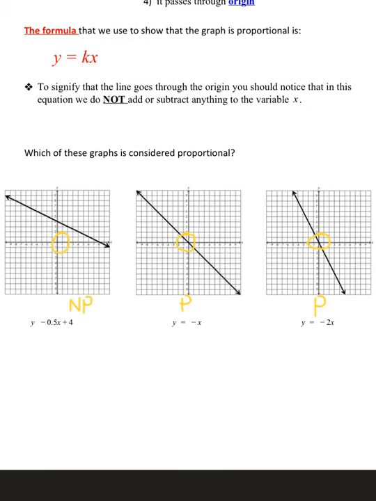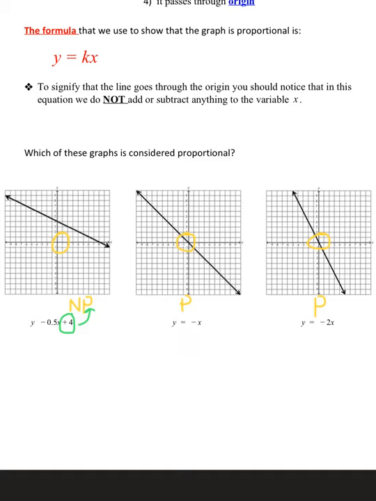On the equations, if I look at the first graph, it says y equals negative 0.5x plus 4. It does have the extra adding of 4, so that's why it was non-proportional. We go to the next equation, and that equation says y equals negative x, and that's it.